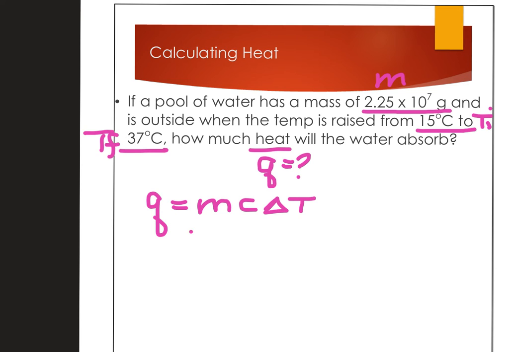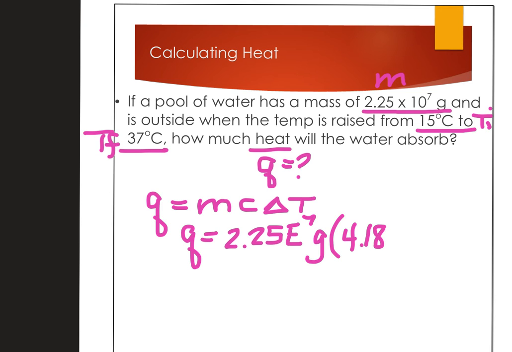M is our mass, and this is 2.25. I'm just going to put E instead of times 10 to the 7th grams, times C, which is our constant, 4.18 joules per gram Celsius, times our change in temperature, 37 minus 15.